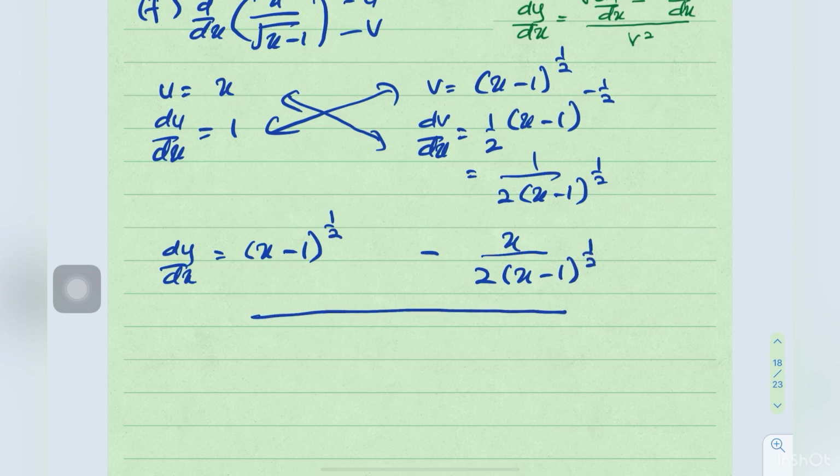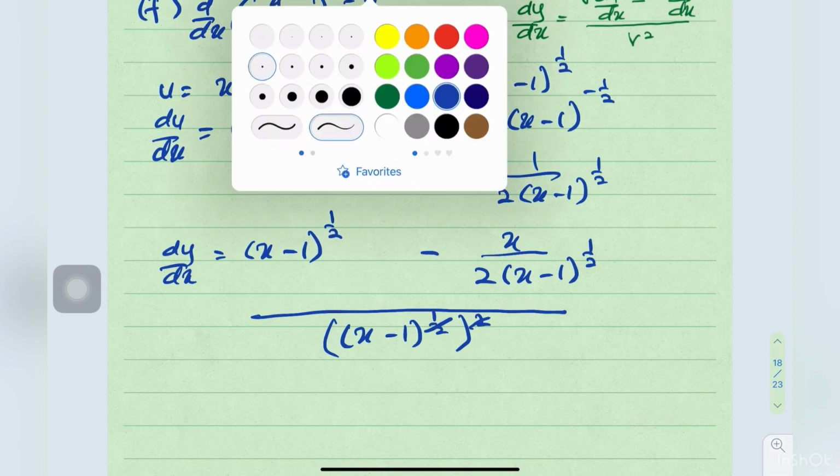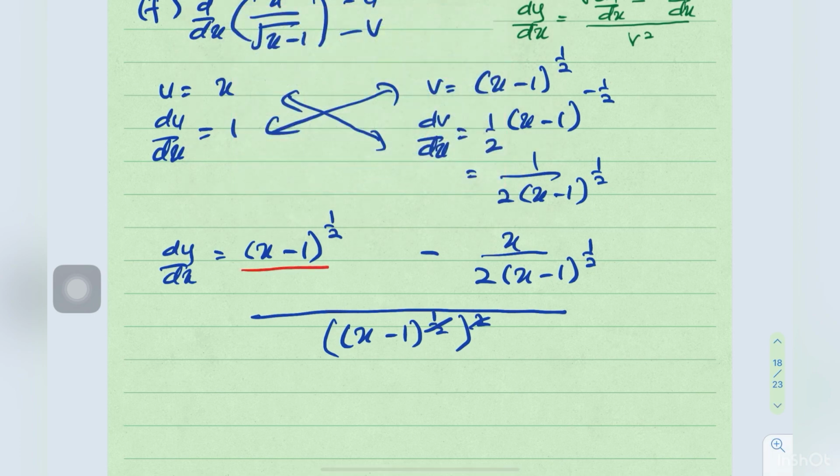Okay, don't forget over v squared, which is (x minus 1) to the power of 1/2, squared. Okay, so then after this you can simplify. Become (x minus 1) to the power of 1. Okay, so this one, like previously, you have to equate the denominator: 2(x minus 1) to the power of 1/2 times 2(x minus 1) to the power of 1/2.